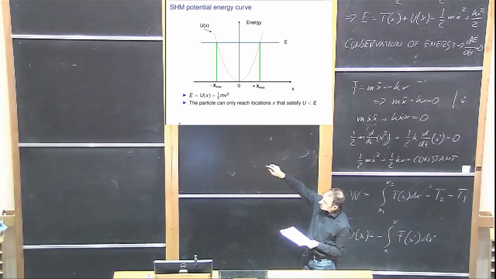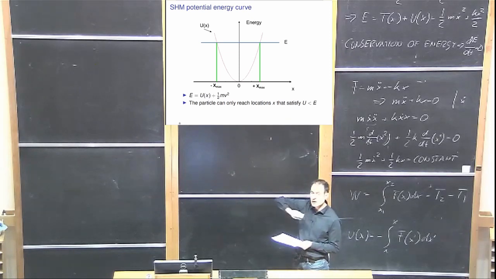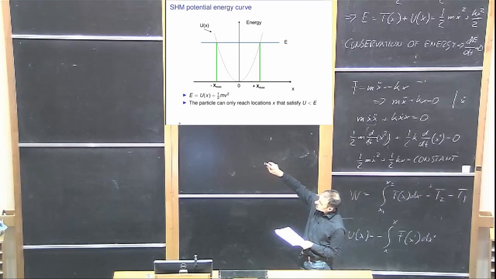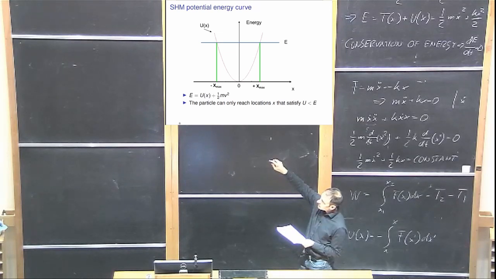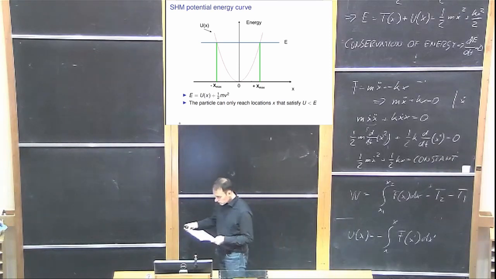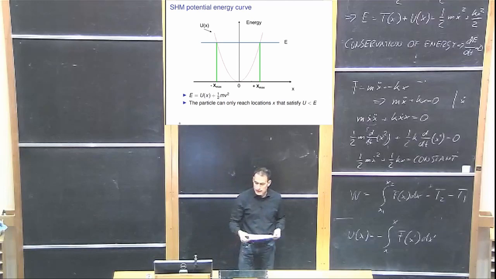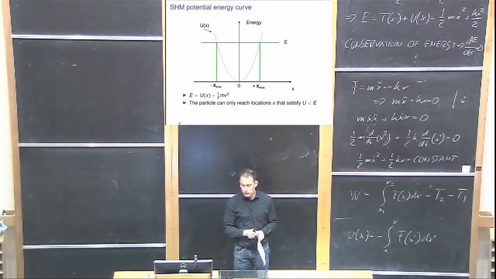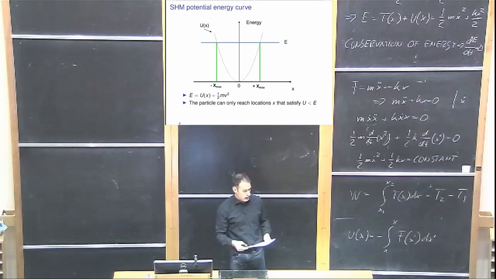So the particle attached to the spring can only reach locations for x where the potential energy is smaller than the total energy, because at that point it's maximum stretched. Here we've got all kinetic energy, and then we go back to potential energy, and it's oscillating back and forth. So as we've seen in the example, the energy is transferred back and forth between the kinetic and the potential energy.